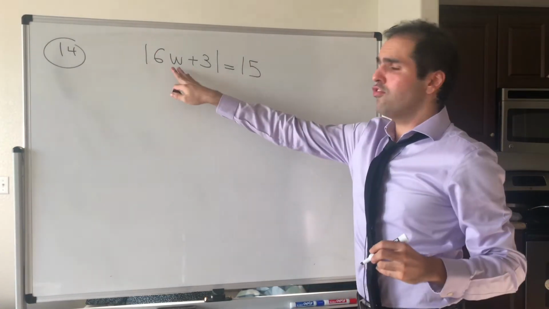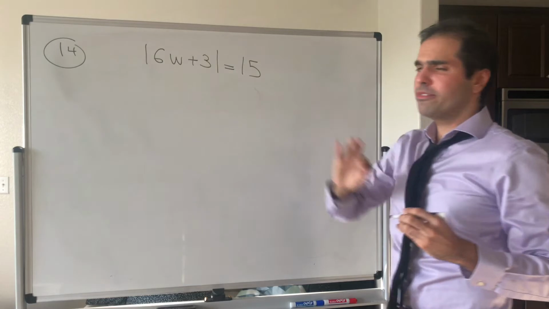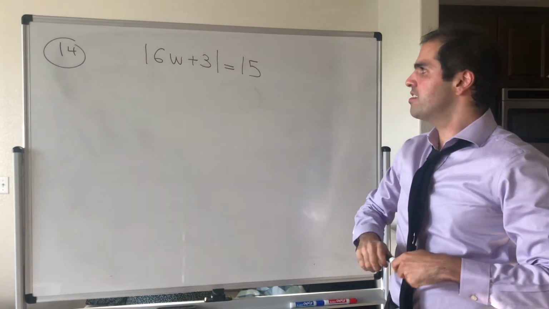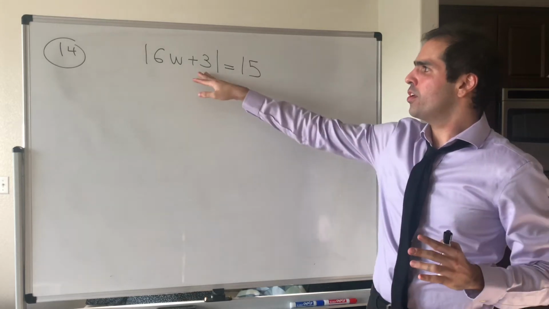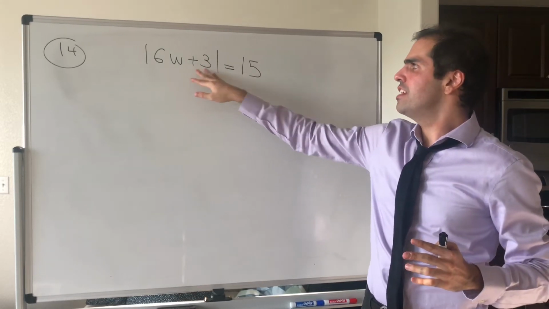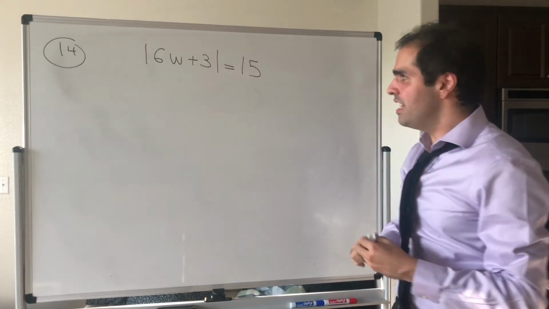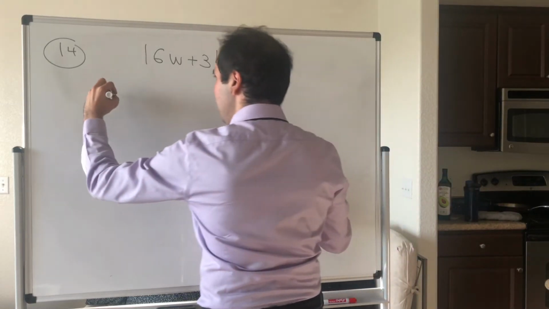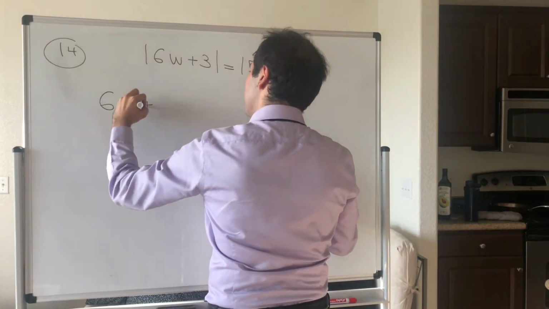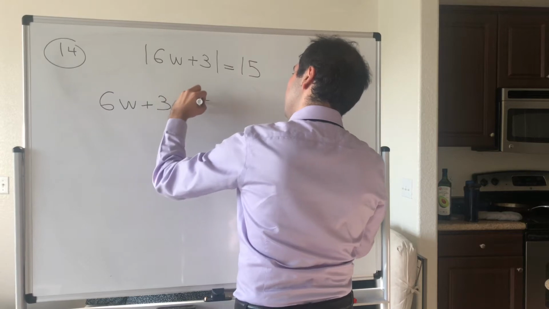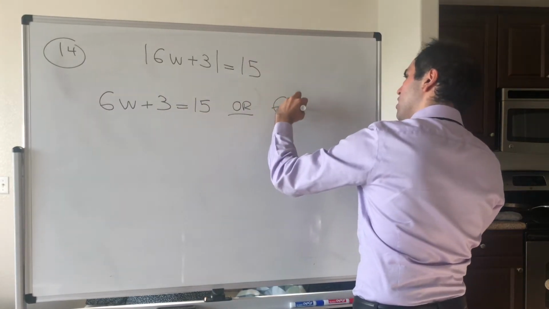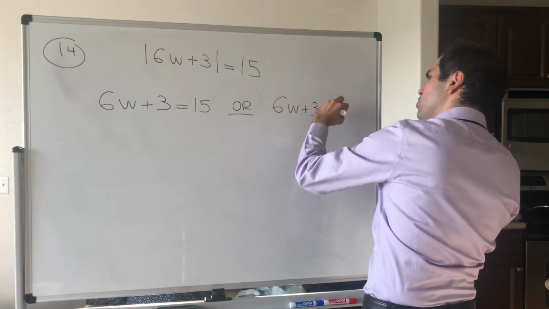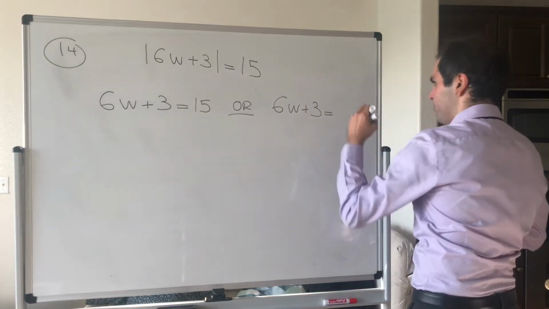So now let's solve for w in absolute value of 6w plus 3 equals 15. And it's very, very important. If absolute value of this equals 15, it means two things. Either 6w plus 3 equals 15, or 6w plus 3 equals minus 15.